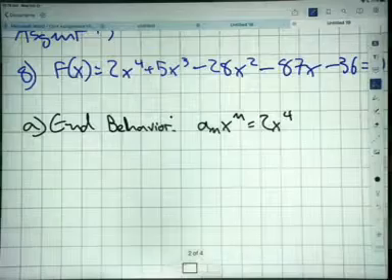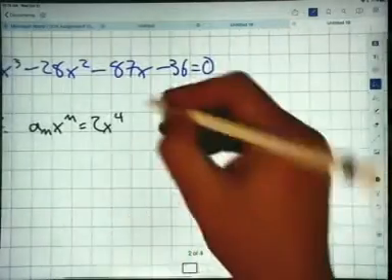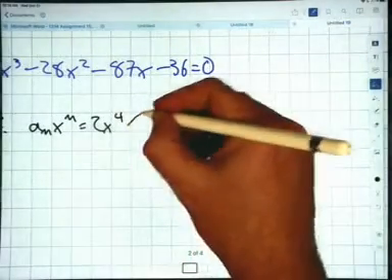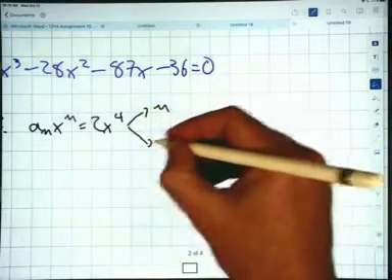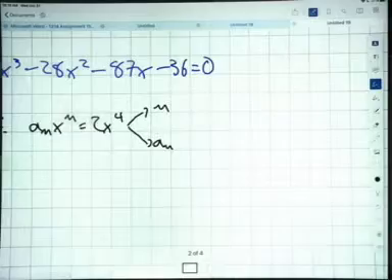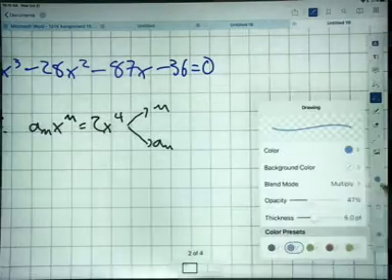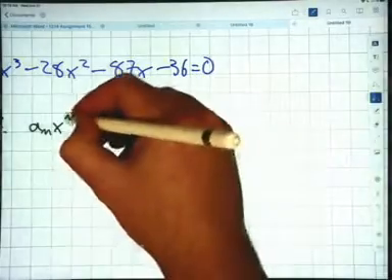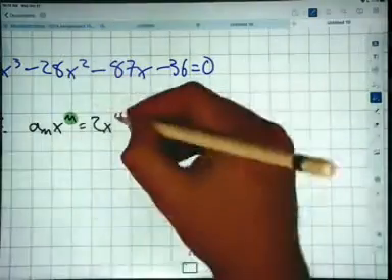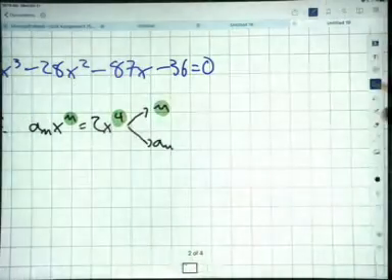As we look at 2x to the fourth, we care about two things and two things only. I want to know what is n and what is a sub n. n is referring to the exponent. So our exponent is 4.